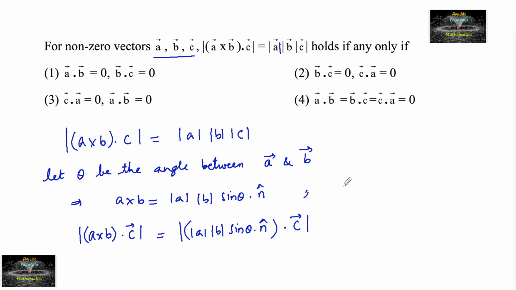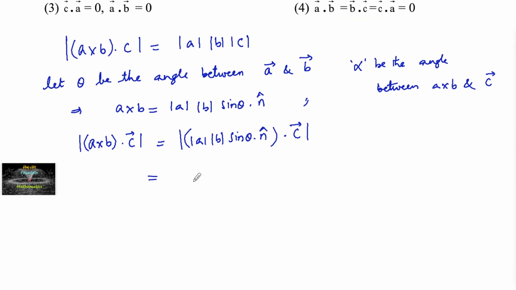And let's also consider alpha to be the angle between this a cross b and vector c. So by using the dot product we can write |a||b||c| sine theta times |n cap|, that is 1, times cos of the angle between them, that is cos alpha.